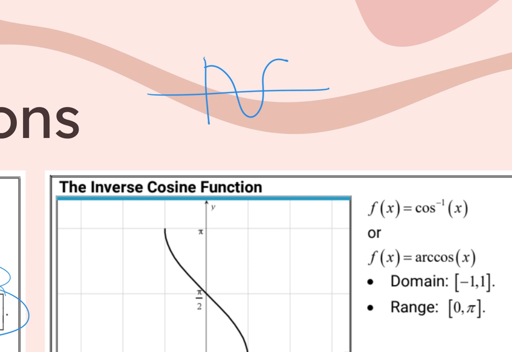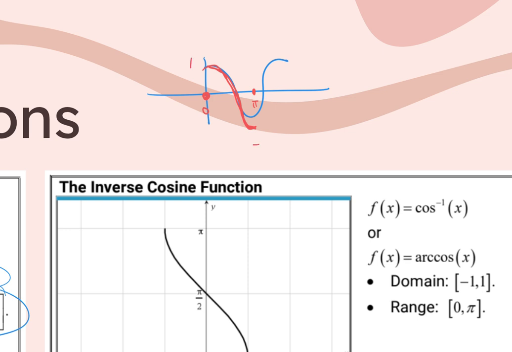So we restrict it differently. We restrict it from 0 to pi. For this part of your curve, I need positive and negative values on the y, which I have, and I need it to be one fluid, continuous section.